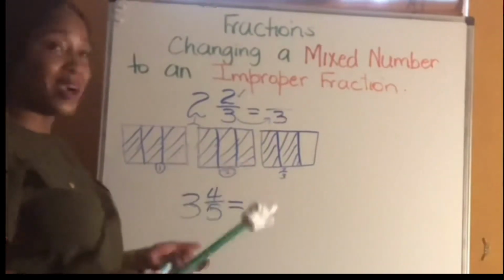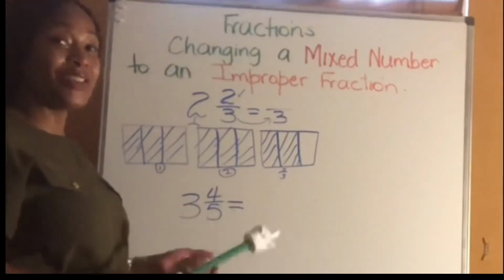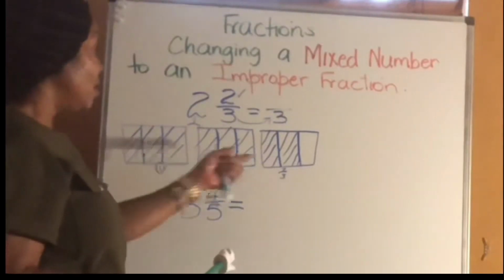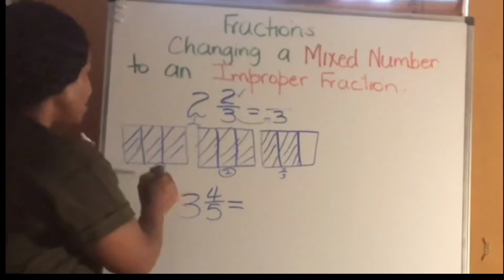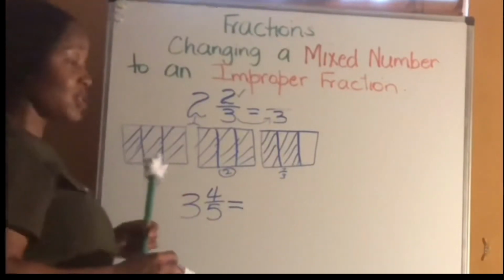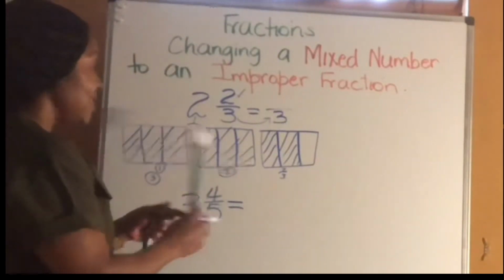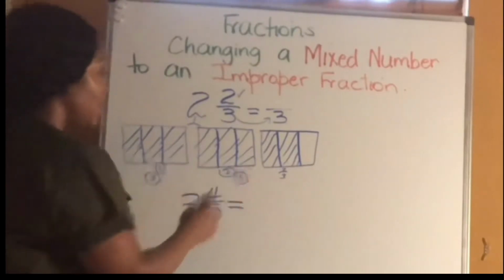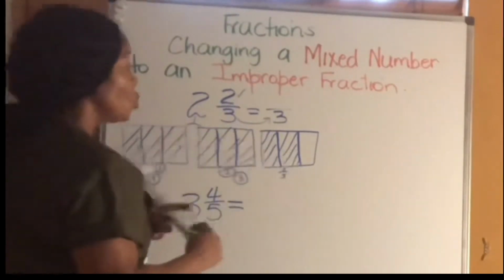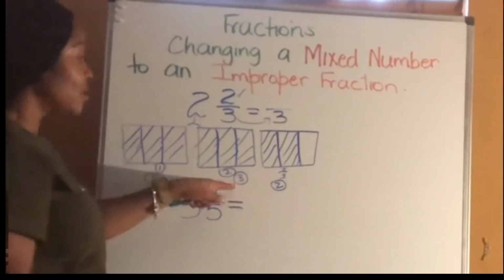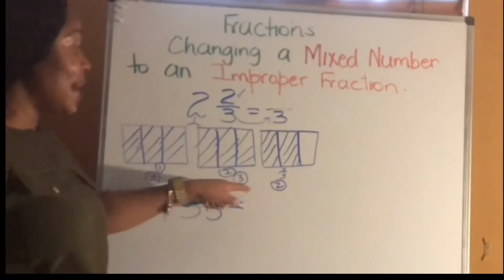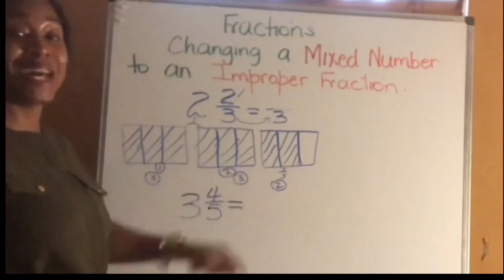How many parts am I considering out of the total here? It's 1, 2, 3, so that has 3 out of 3. 4, 5, 6, that's 3 more out of 3, and then 1, 2, that's 2 more out of 3. So 3 plus 3, that's 6, and 6 plus 2, that is 8.